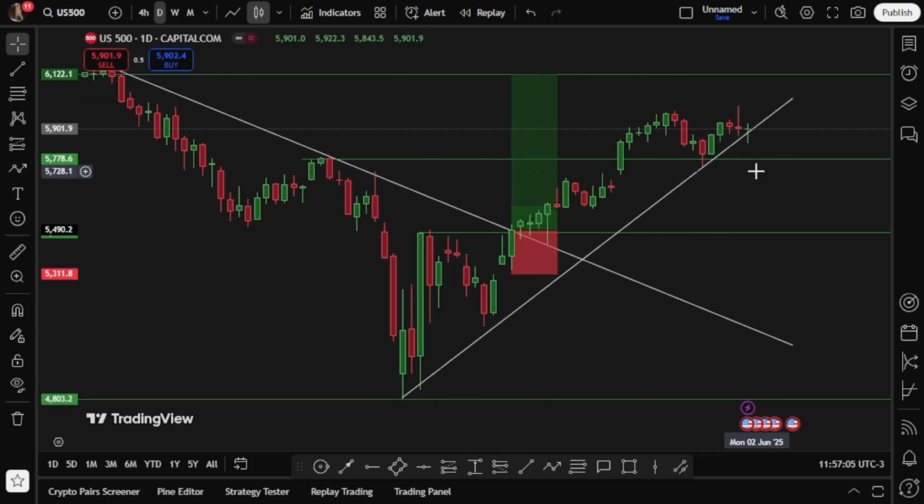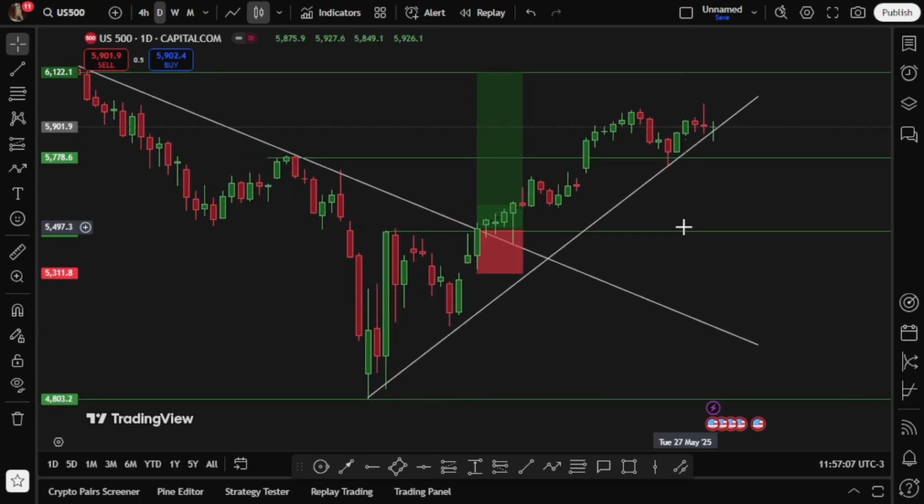So now, after doing this, the first thing that comes into my mind is, if price will break this trend line and break this level, then I am out of this trade. If price breaks the trend line, I am not out. If price breaks the trend line and breaks the level, two things involved, then I am out.